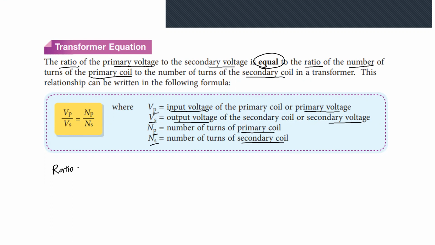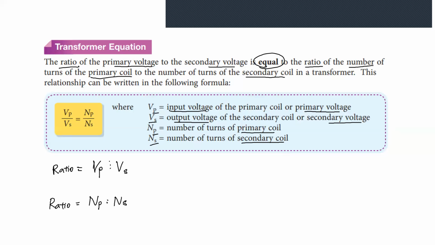in Form 2 maths we learned that the ratio means the voltage of the primary coil to the voltage of the secondary coil. This is the ratio. Or the ratio of the number of turns of the primary coil to the number of turns of the secondary coil.